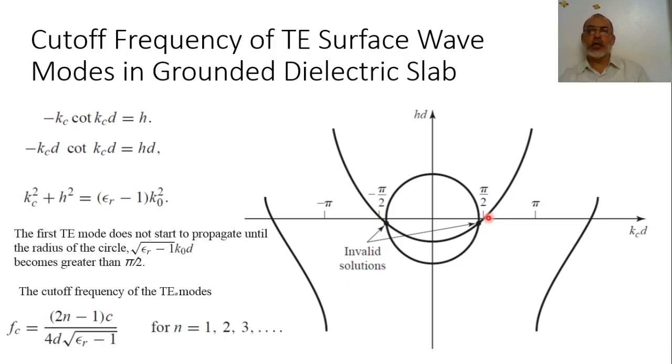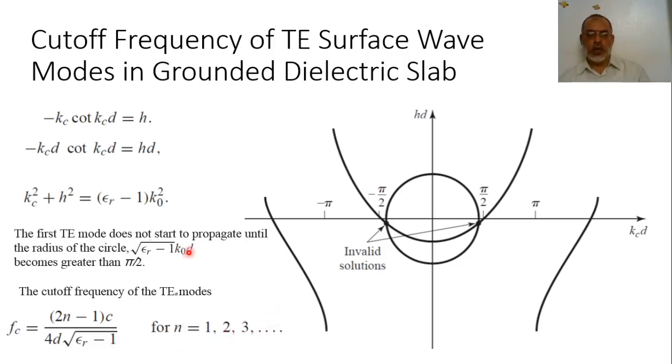This means that the cutoff frequency of the transverse electric surface wave modes is given by 2n minus 1 c over 4d square root epsilon r minus 1, where n equals 1, 2, 3, and so on.